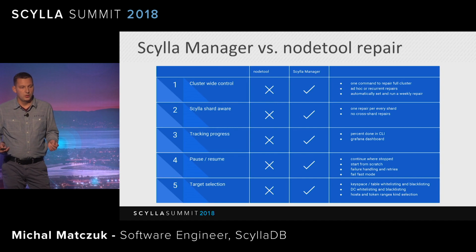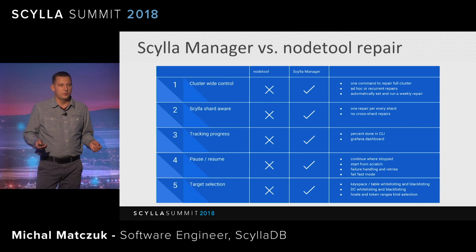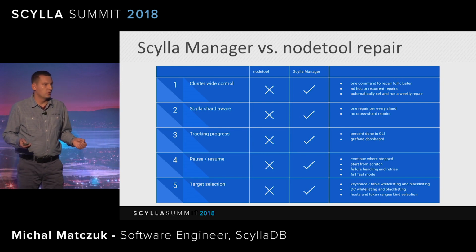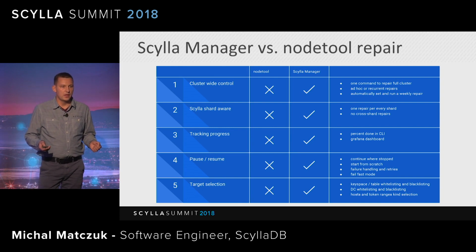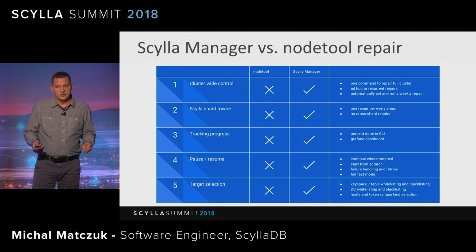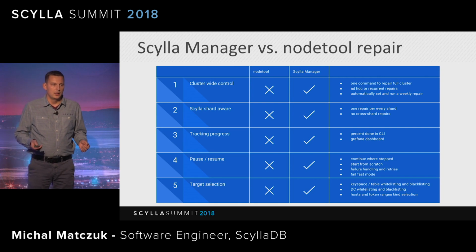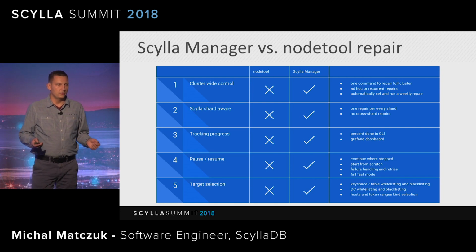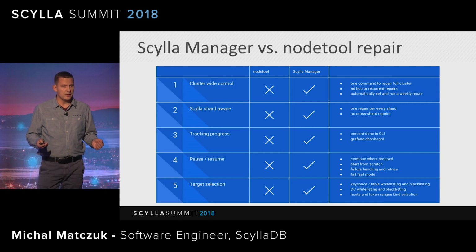And a common tool to run repair is nodetool. It's distributed with Cassandra and Scylla. You find it on every node. And while you can run repairs with nodetool, there are reasons why Scylla Manager should be preferred. The slide contains much information, but the most important is that you can schedule cluster-wide repair fairly easily.